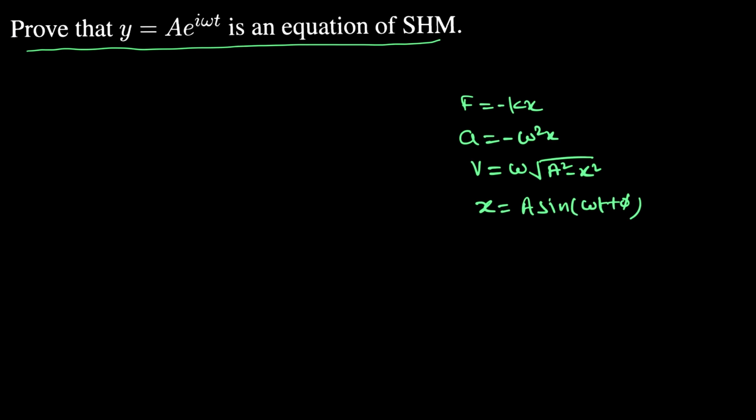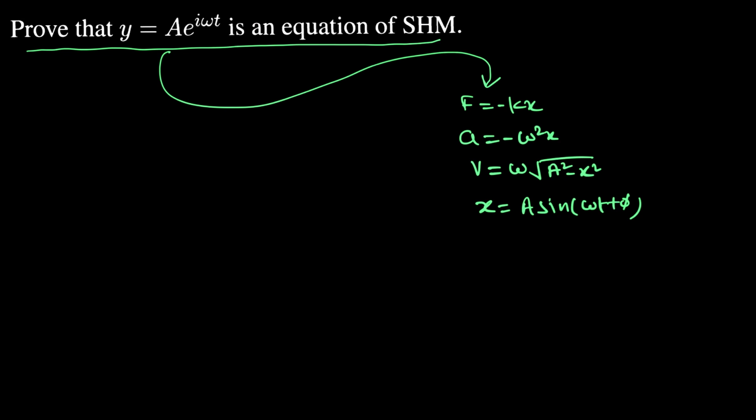If it satisfies any one of these four equations, it means the motion is simple harmonic motion. That is, if I am able to convert this equation into any one of these four equations, that motion will be simple harmonic motion.